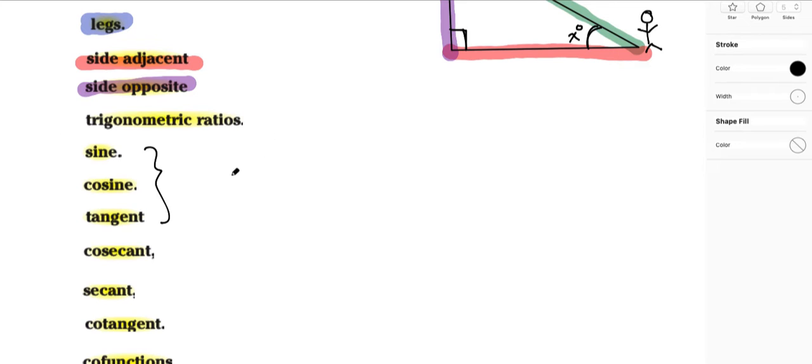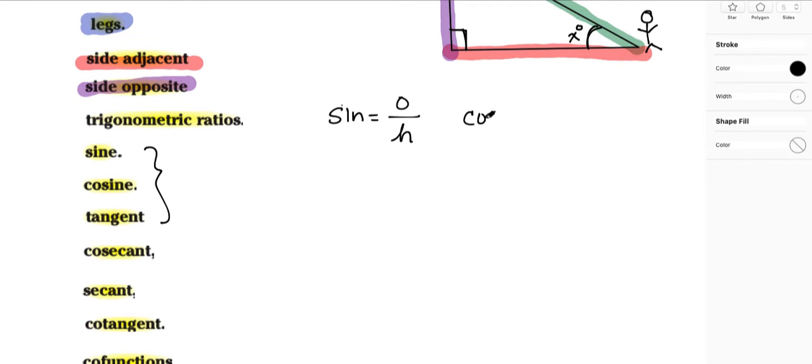So we're going to focus on these. Sine is equal to the opposite side over the hypotenuse. Instead of writing it out, I'm going to abbreviate it and just do O over H. So sine is equal to O over H.